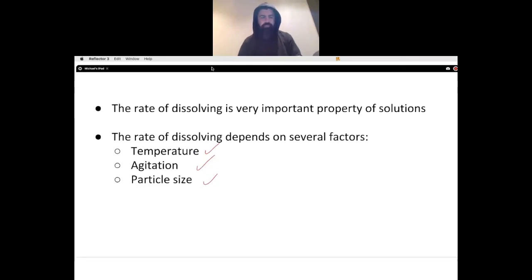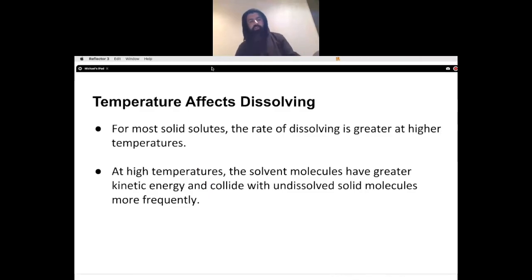So, temperature affects dissolving for most solid solutes. The rate of dissolving is greater at high temperatures. If I want to dissolve more, I want to make sure that my temperatures are high. One of the reasons for that is that at high temperatures, the solvent molecules, so imagine the liquid aspect of coffee, have very high kinetic energy.